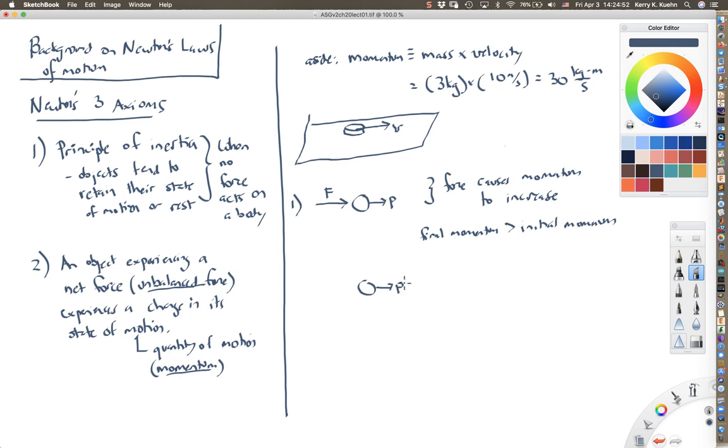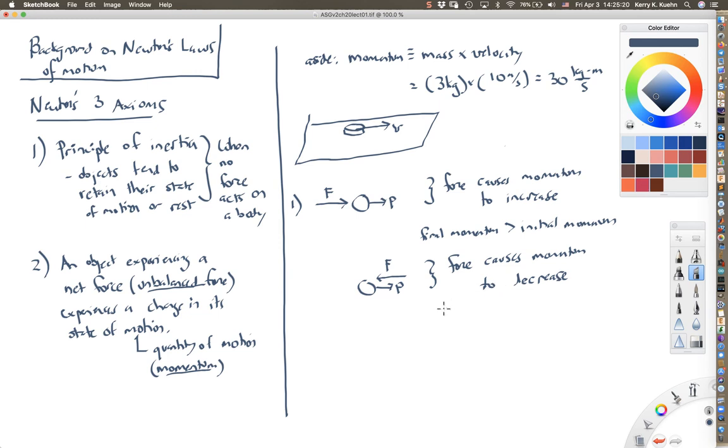Alternatively, if its momentum is going this way and we hit it in the front with this force, like this, what's going to happen? Its momentum is going to decrease. So if the force is in the opposite direction of the momentum, the force is going to cause the momentum to decrease, right?